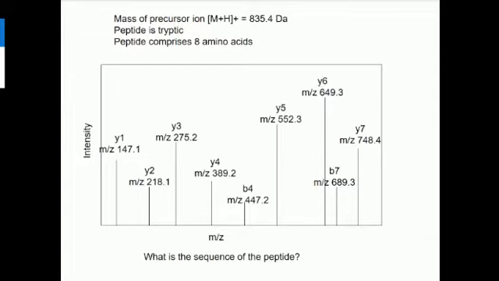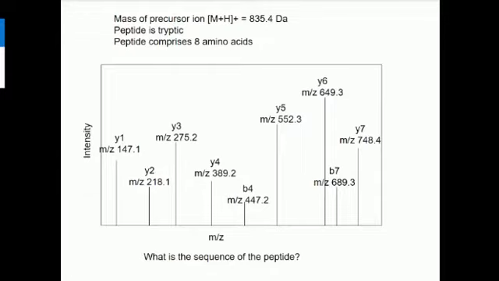Remember that the Y fragments contain the C terminus. If we were looking at the Y7 fragment, that's that one. To work out what's in the first position here, we look at the mass difference between the intact precursor, which is 835.4, and Y7, which is 748.4.